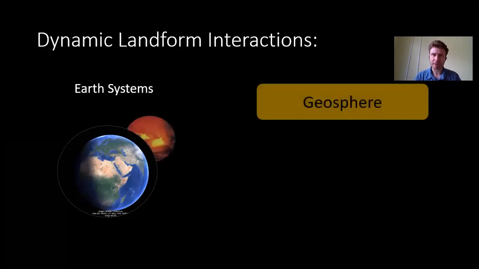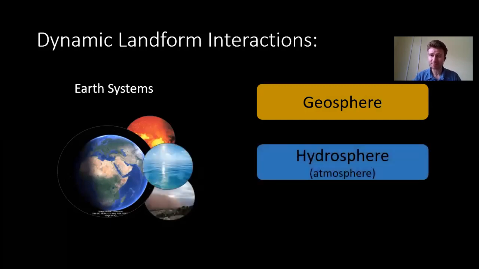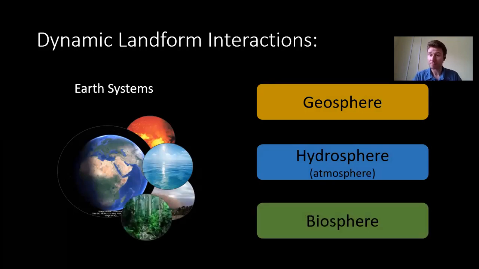We talk about our geosphere. We can talk about our hydrosphere, and we're going to include atmosphere to describe hydrosphere here, because I know you have another class on atmospheres, or climate. And then we're going to describe our biosphere. We're going to take a little bit to dive into each of these spheres and talk about some of their underlying concepts.